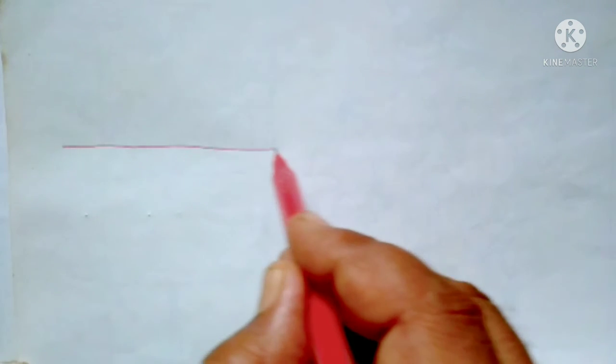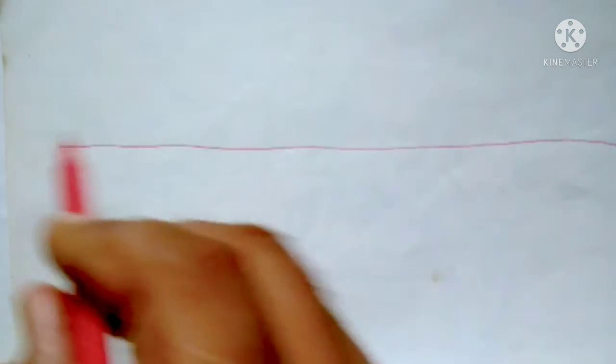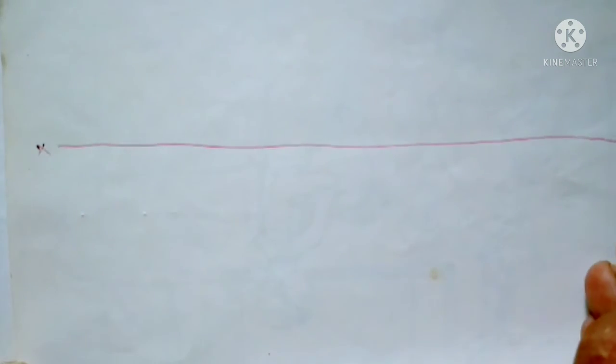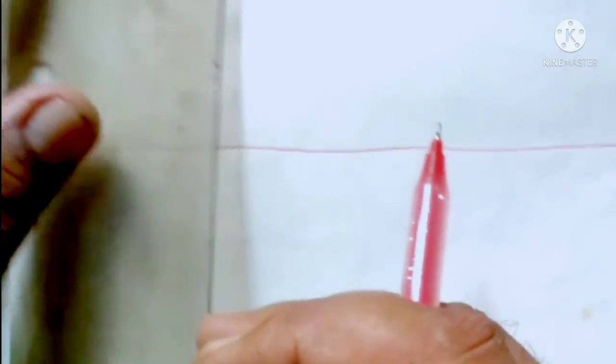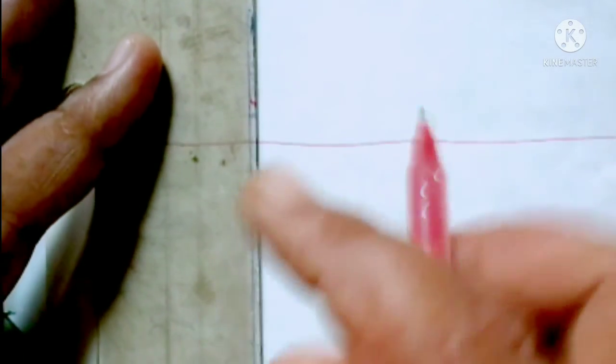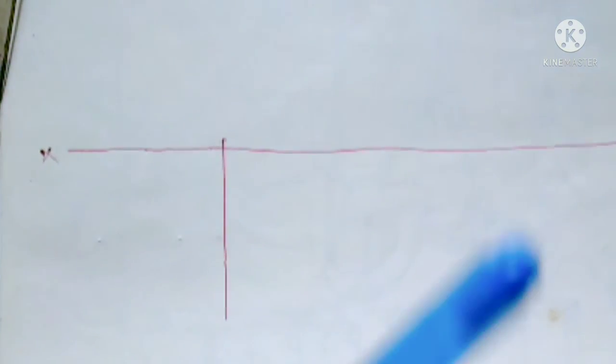Let's start the problem. First of all, draw the XY line, which is the intersecting line between two planes. Now draw a perpendicular line to this XY line. Now take any random distance on your compass or divider and use this intersecting point as a center.